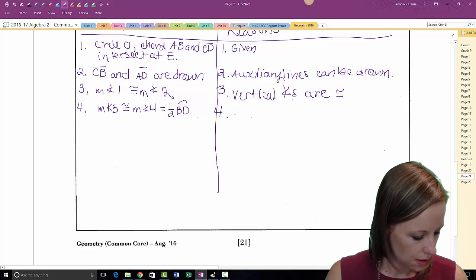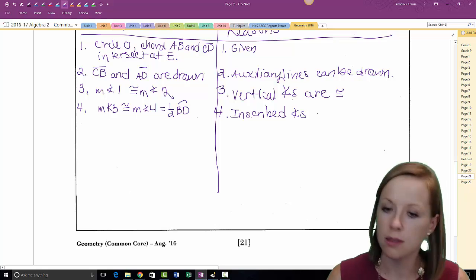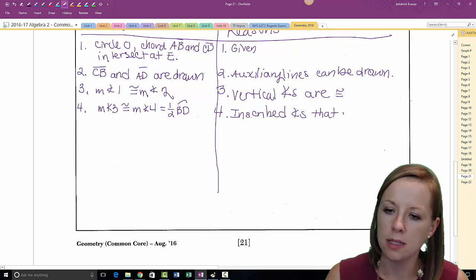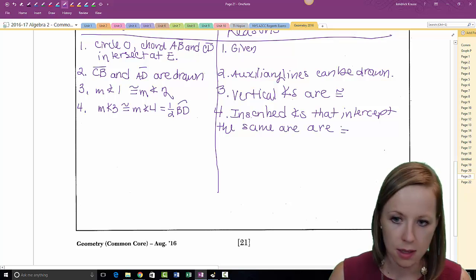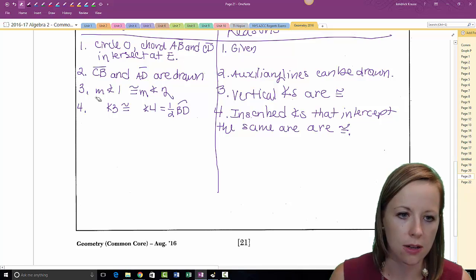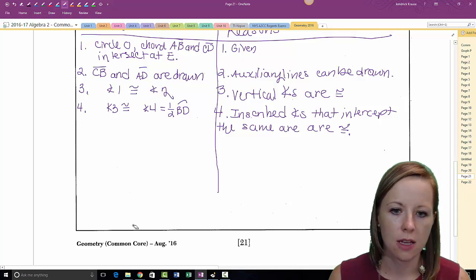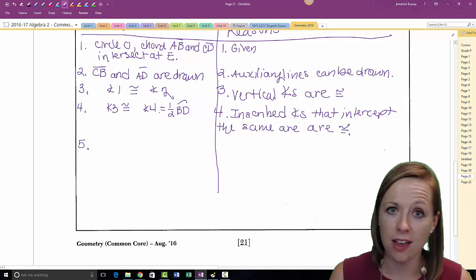So, inscribed angles that intercept the same arc are congruent. And since I said congruent, I want to say just angle, not measure of angle.